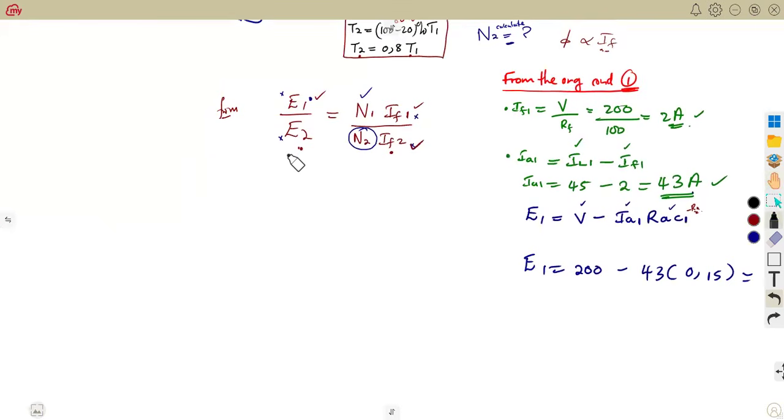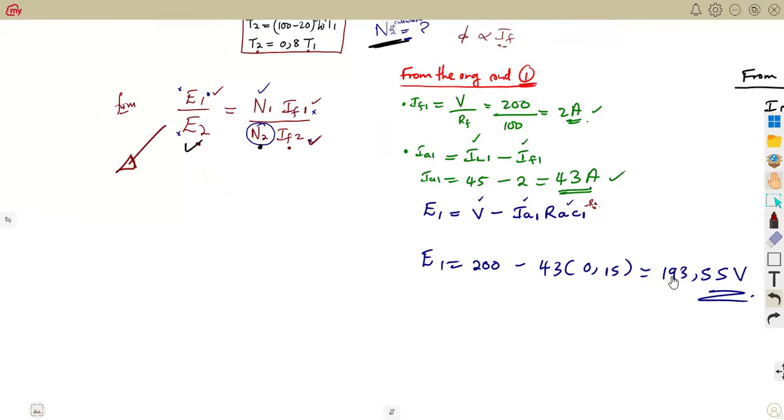This is your E2. So now we can say everything that was missing from our speed control formula, the main speed formula, is there. So we can calculate the speed, which is what we are given in our question, by substituting everything into our main speed formula. E1, as we calculated, it was what? 193.55 over what?